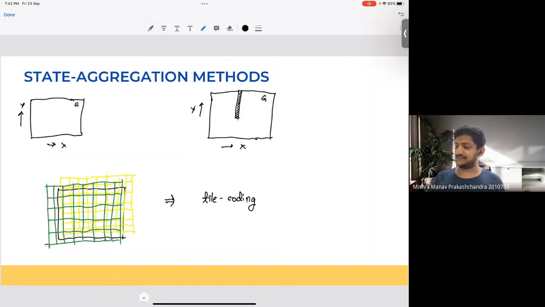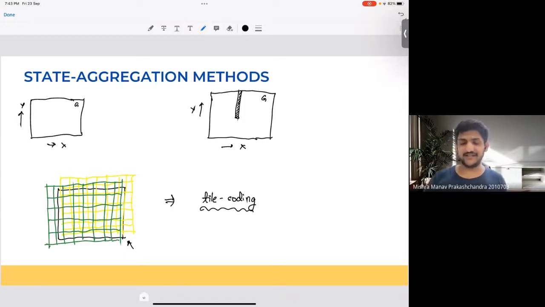Similarly, you have something known as tile coding. Okay, so the tile coding looks similar to coarse coding, but instead of drawing circles, I'm drawing tiles. If you can see the black square here, this black square is the set of all my continuous state space. So I draw tiles. I make some grid world.